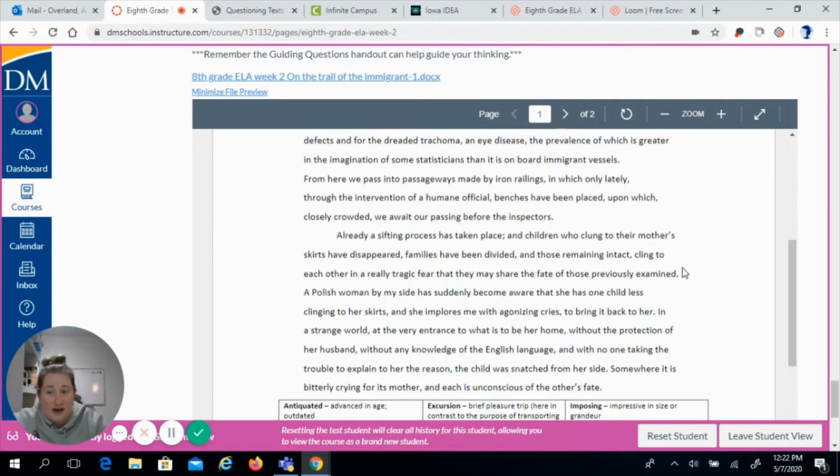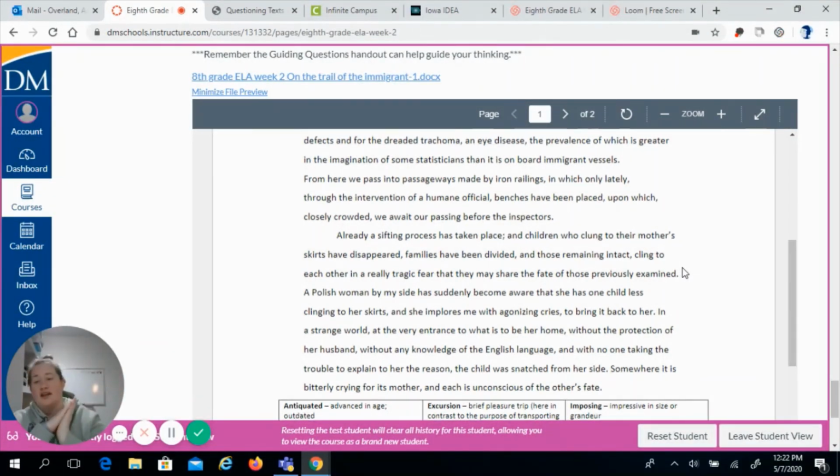This last paragraph hits me real hard, and I don't know what it makes you think of, but it genuinely makes me so upset because if I think of having a child, which I don't currently have, all I can think of is going to another country where they don't speak English.